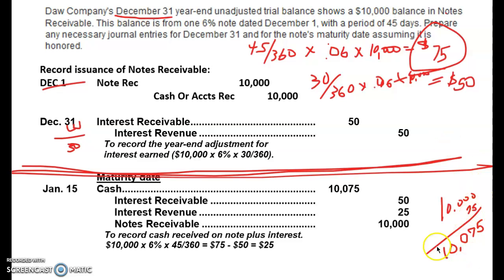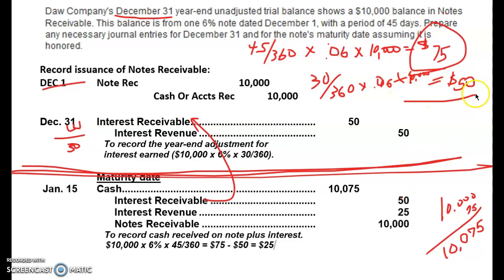All right, so 10,075 is what we're expecting in cash from the customer on January 15th. So debit cash, 10,075. Credit interest receivable, this one right here, for 50.